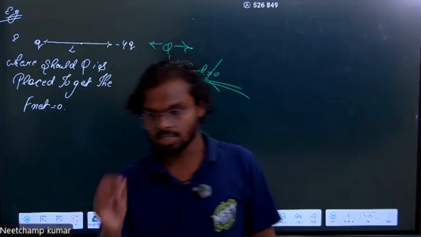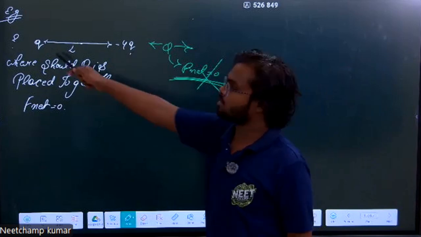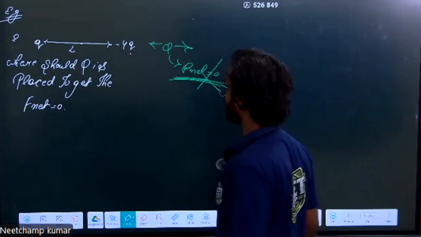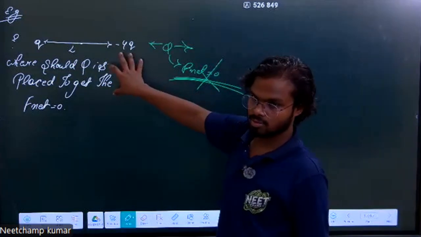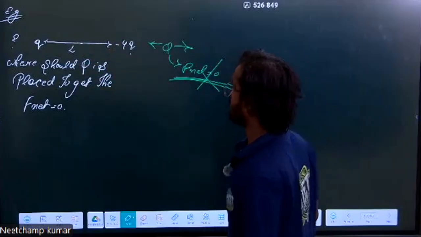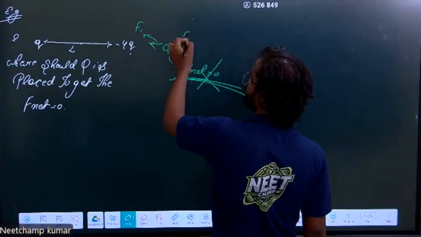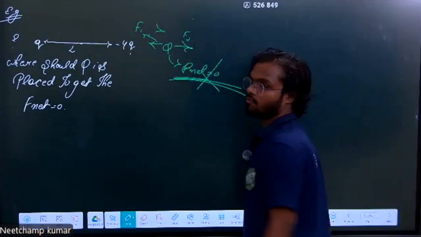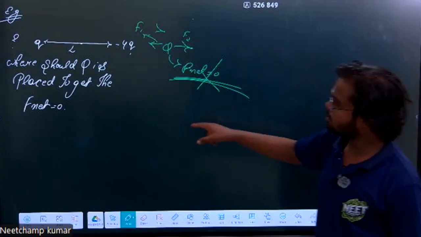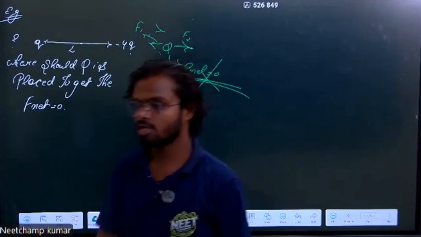Why? The reason is very simple. If you see, this charge is bigger than this charge, right? So the effect of this charge will be more. It is 4 times, so the effect of this charge will be more. If this force F1 is more than F2, then we can't place the charge at this point also. There will always be only one position.